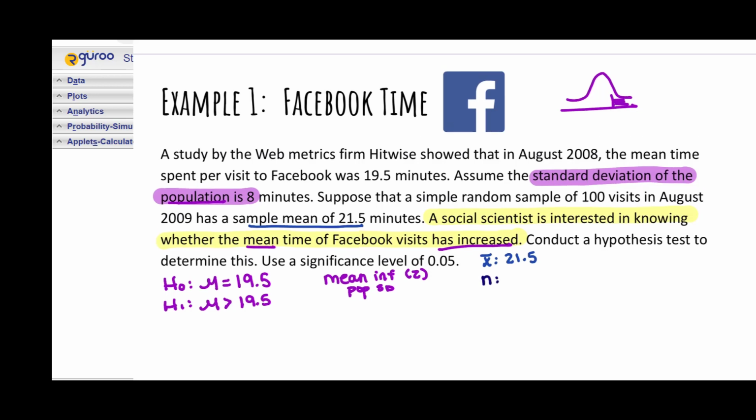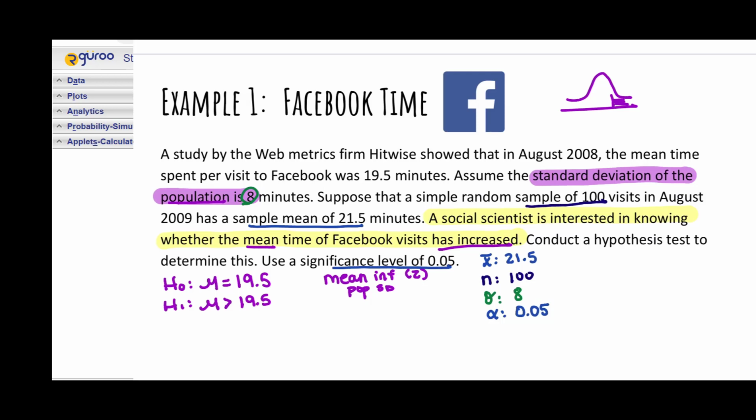So the sample size is 100 visits. And then it's going to also ask for your population standard deviation, which we already said was 8. And then it's going to ask for a significance level, and they did give that to us. Significance level is 0.05.